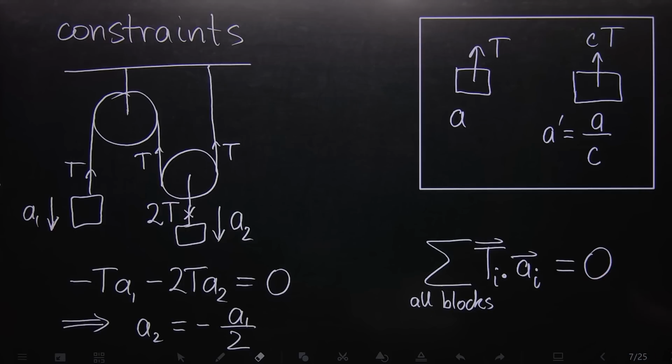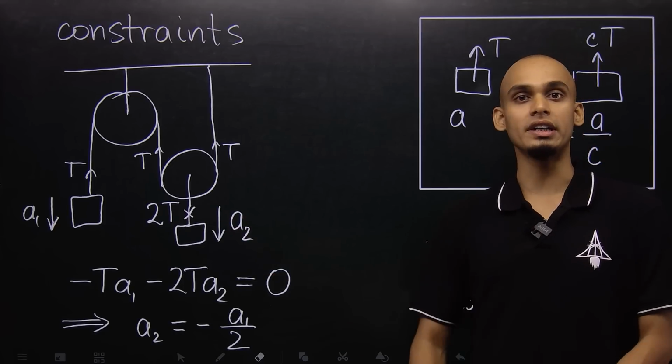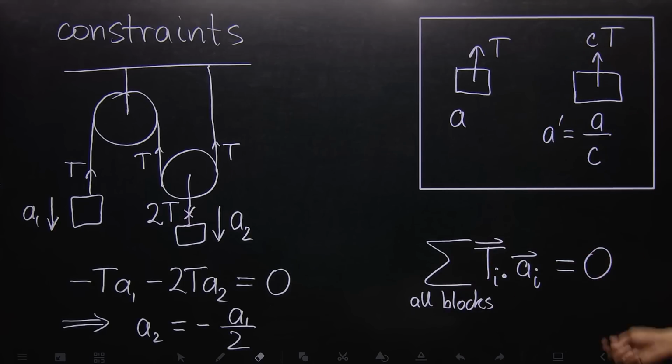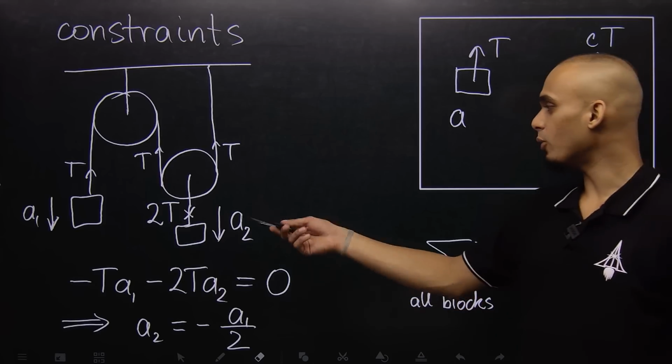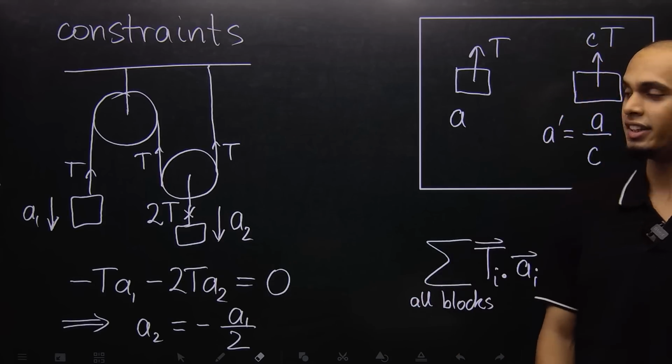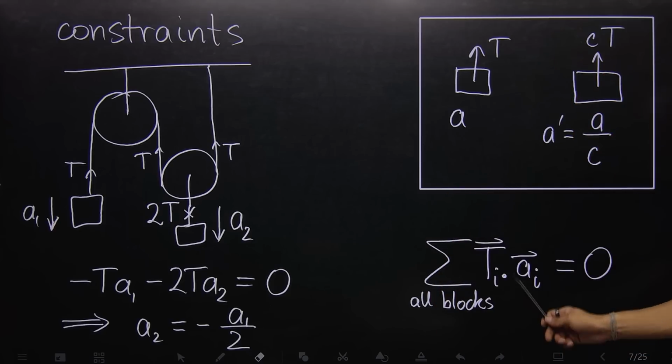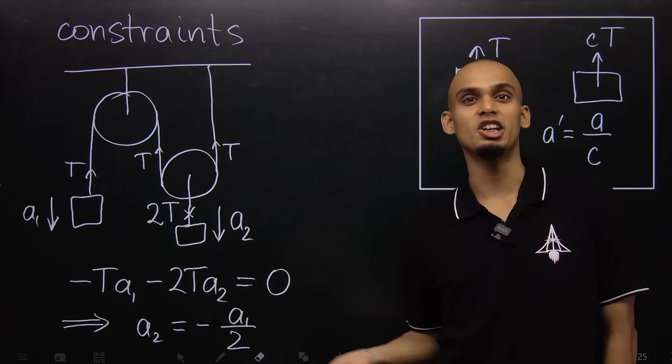If you take a sum over all the blocks in your system, then all of these scalar products of tension and acceleration should sum to 0. And you should keep in mind that this constraint will give you exactly how the directions will also be related. So if the acceleration and tension are in opposite directions, the value of the dot product will be negative, and if they are in the same direction, the value will be positive.